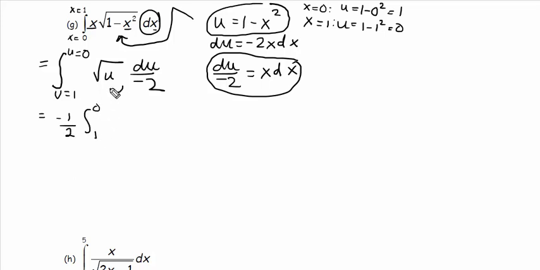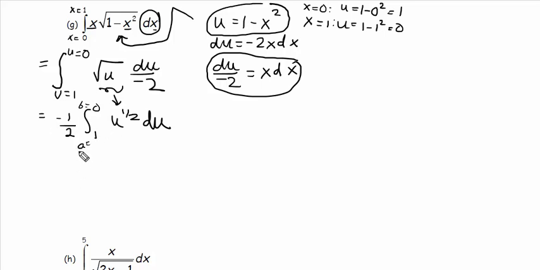I'm going to rewrite this as u to the 1/2 to make it easier to find the antiderivative. But then try to remember that we cannot have the lower bound, this a equal 1, be a higher number than the upper bound of b equals 0.